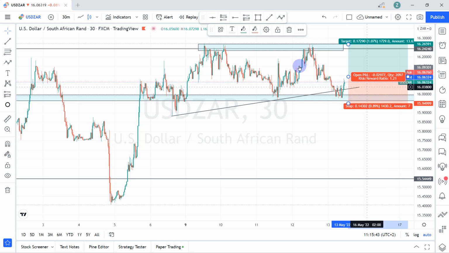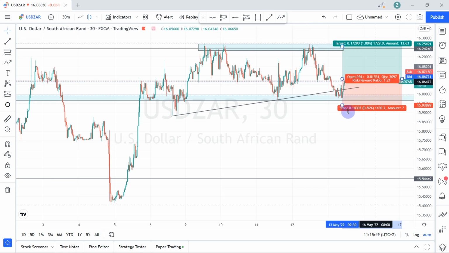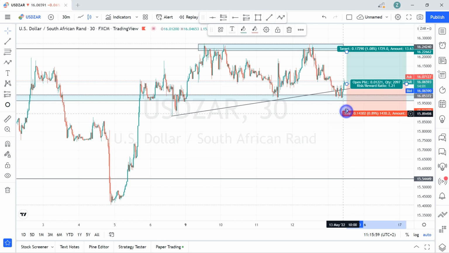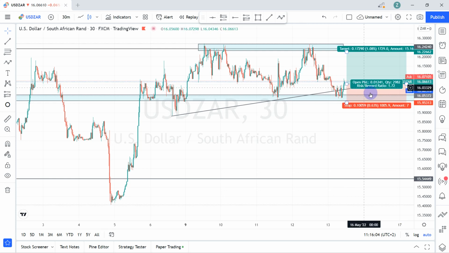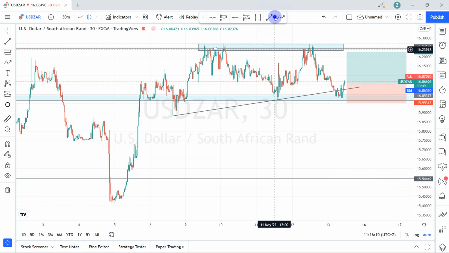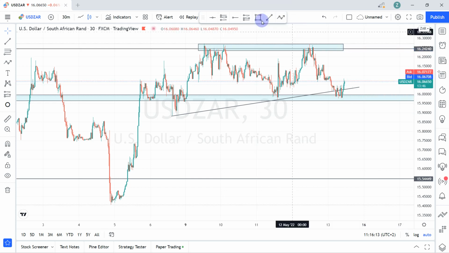Personally, I wouldn't take this trade, because for me, the minimum risk to reward ratio is 1.5, and here this is 1. So this would be reasonable, and that's how I would cater for buying opportunities.